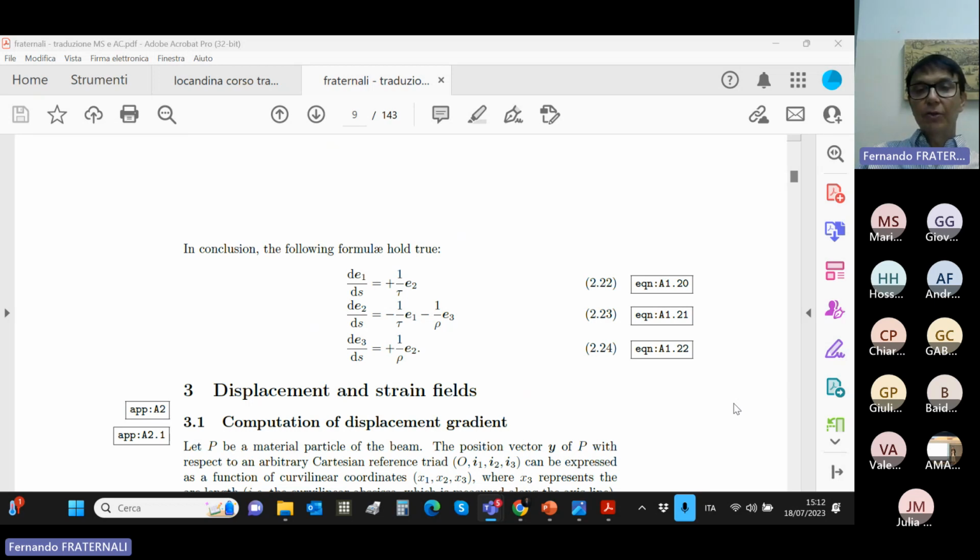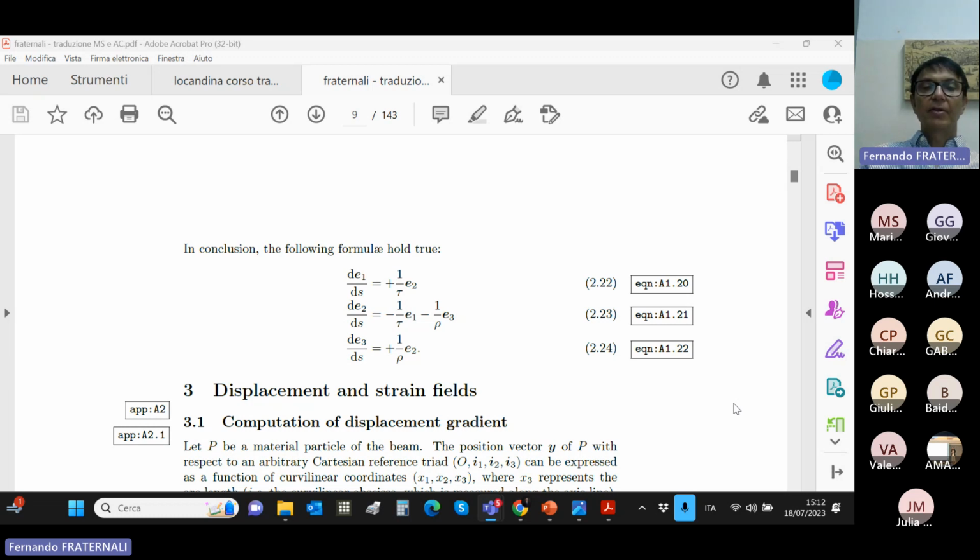They can also be assumed as the definition of the two parameters, the curvature and the torsion of the curve alpha. The Frenet formulas give the derivatives of these basic vectors, E1, E2, and E3, with the arc length s.